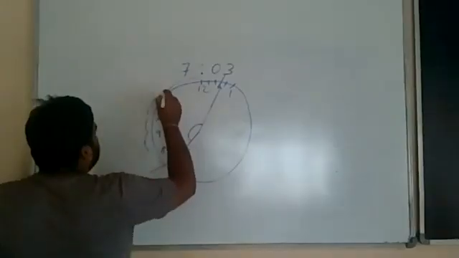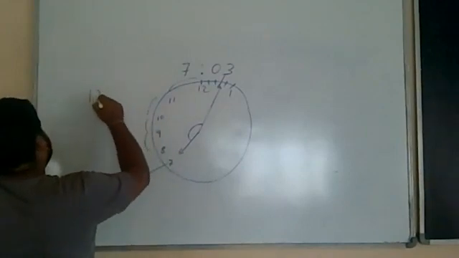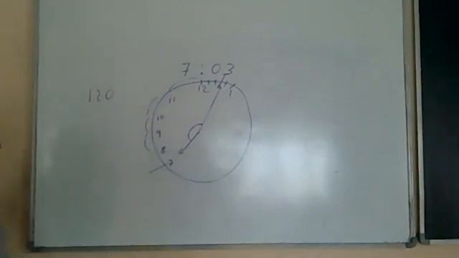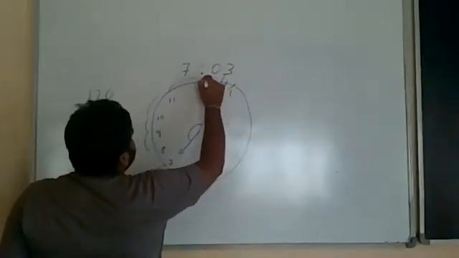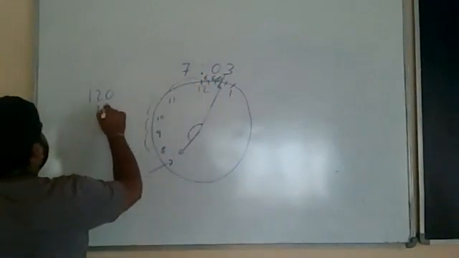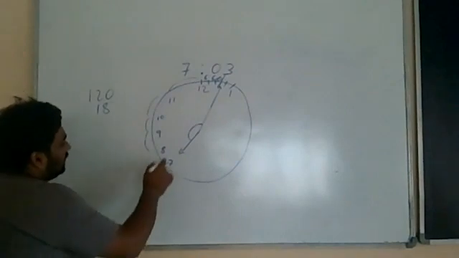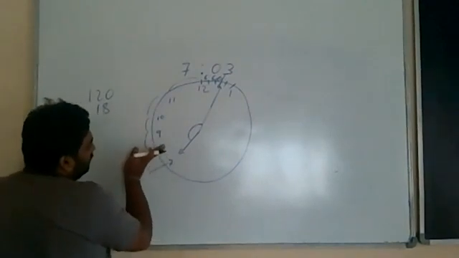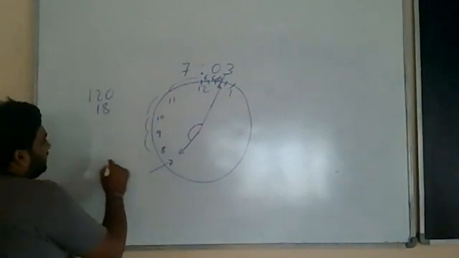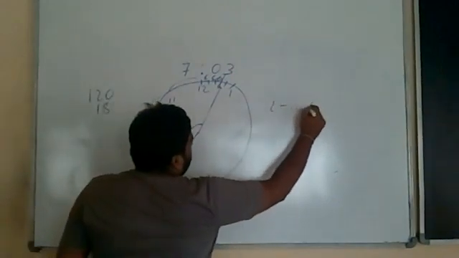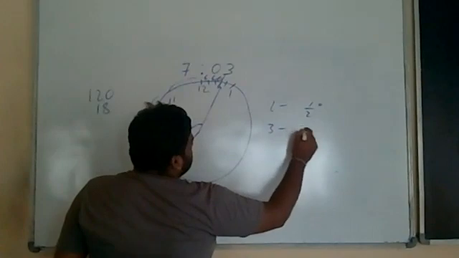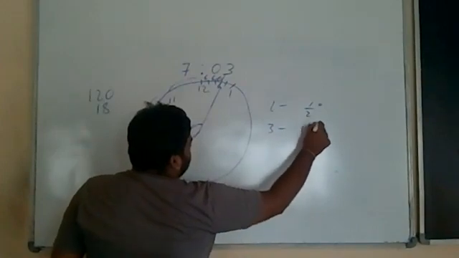Fully covered, fully covered, fully covered. So 120, correct? Yes, sir. 1, 2, 3. So this is 6, 6, 6, total 18. Then the hour hand is moving from 7 towards 8. 1 minute is half a degree, 3 minutes is 1.5 degrees.